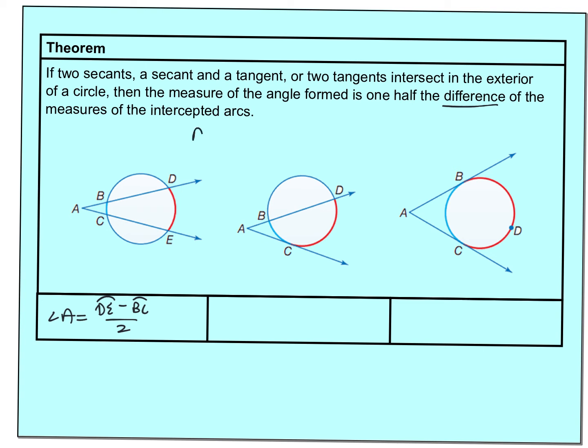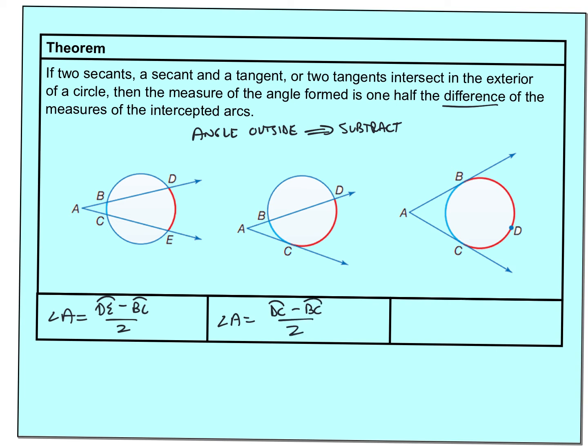If it's angles on the outside, that means subtract. That's what I'm going to do. So here, angle A would be arc DC minus arc BC divided by 2.